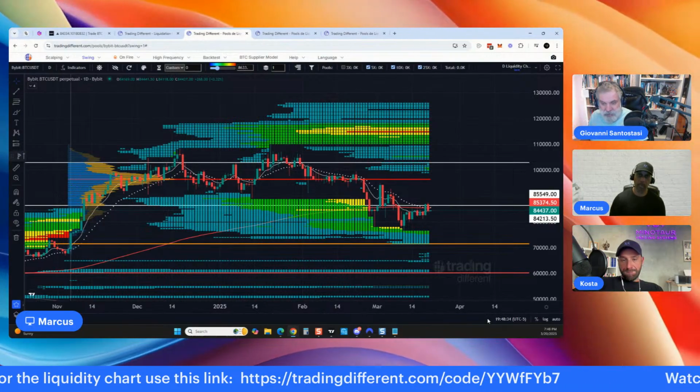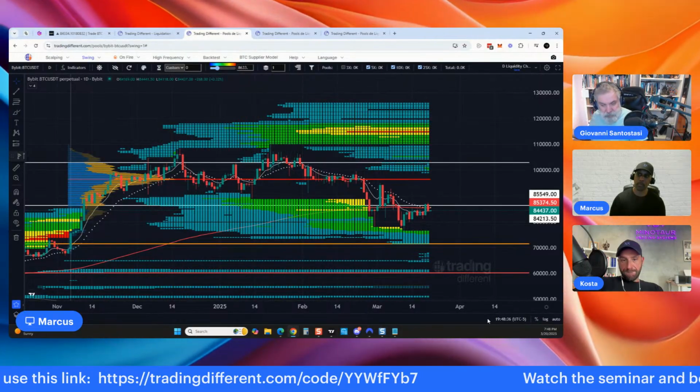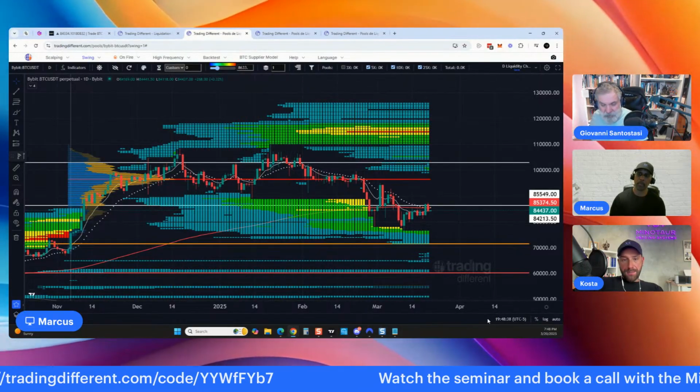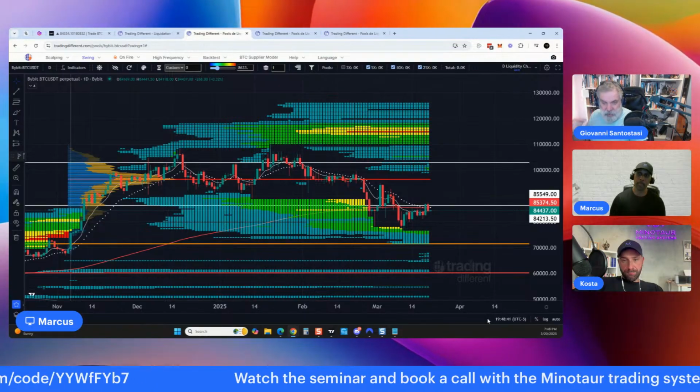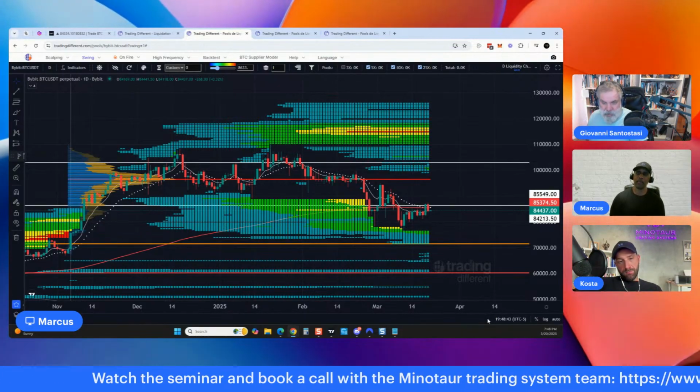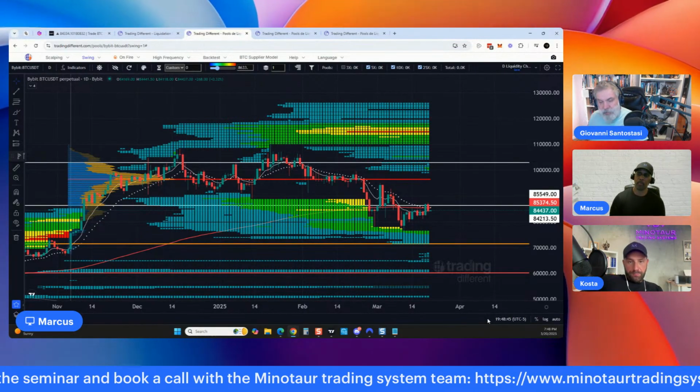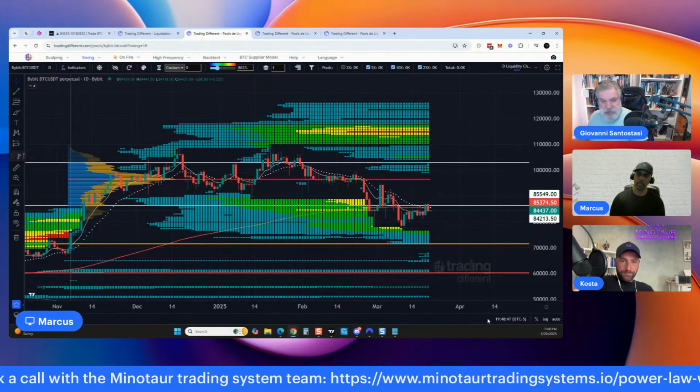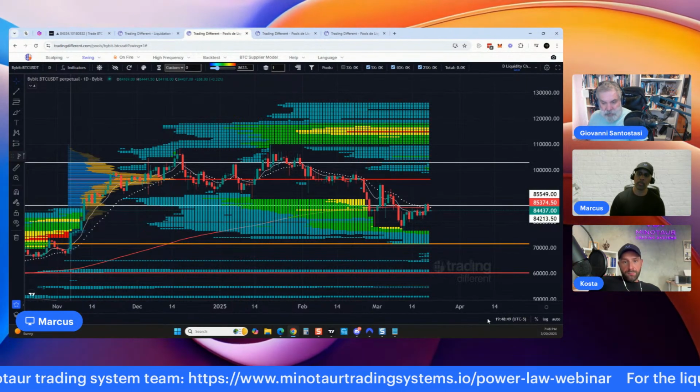Because they go there and buy all this available liquidity, and then they can go higher, and they start to push the market up, right? And if there is a gap, it means that the market can really just go up.